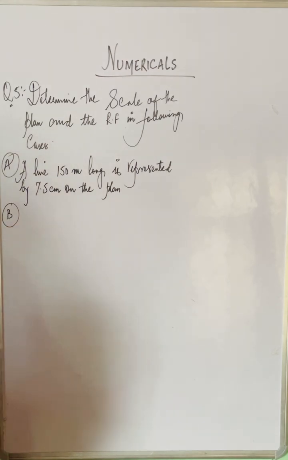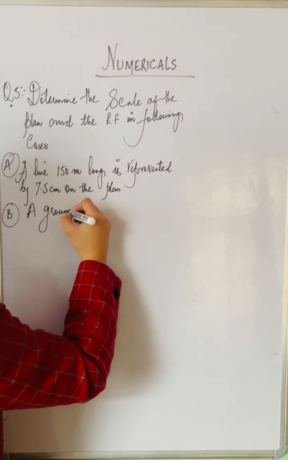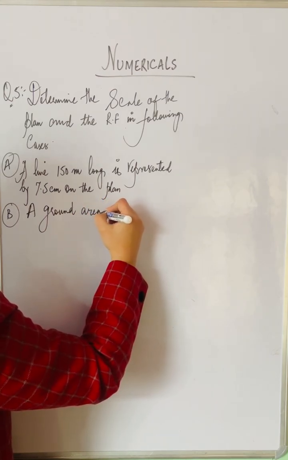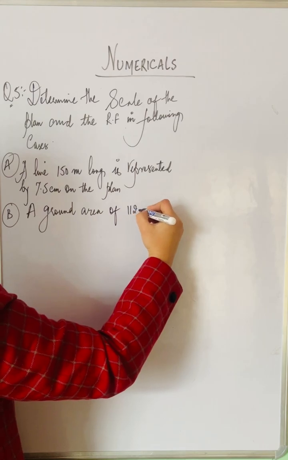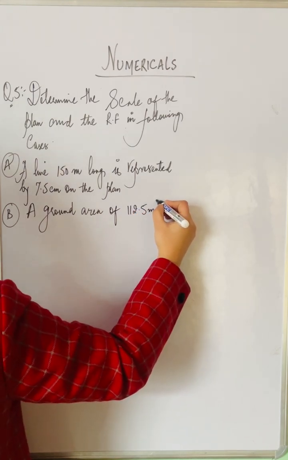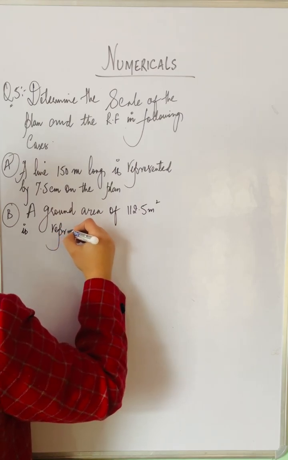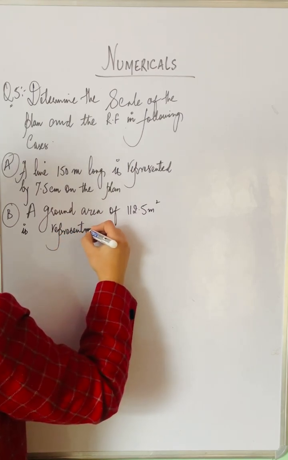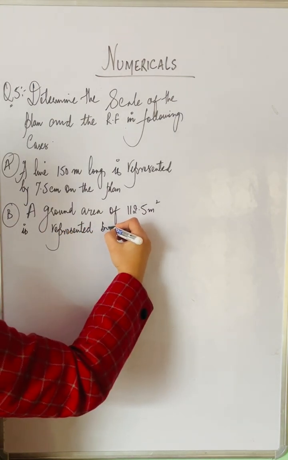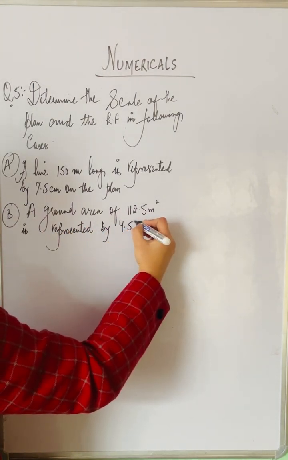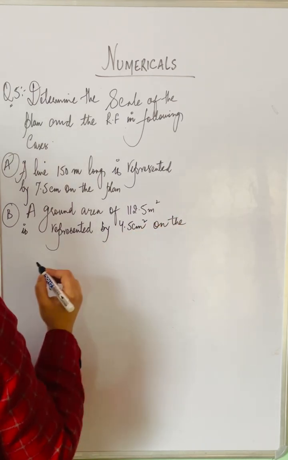Case number 2: a ground area of 112.5 square meters is represented by 4.5 square centimeters on the plan.